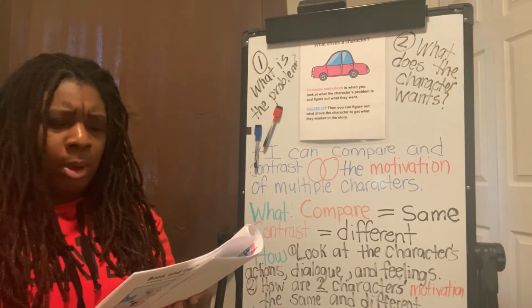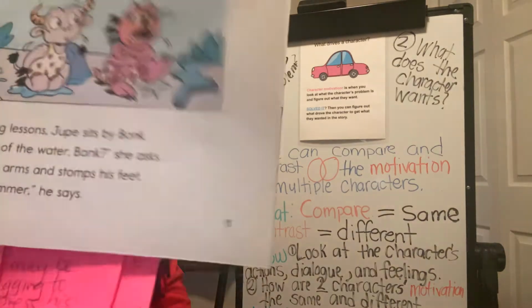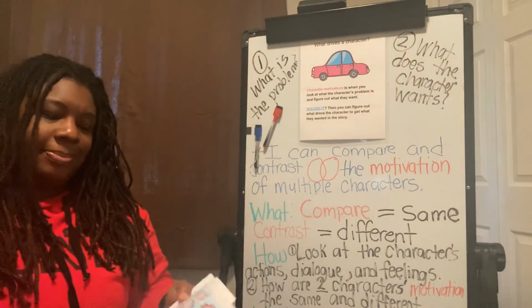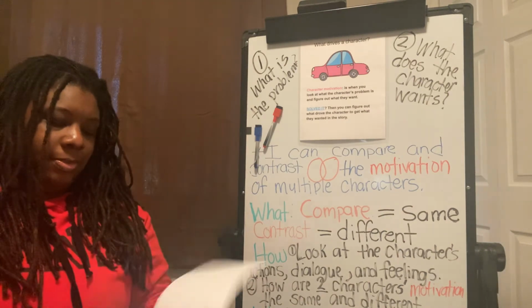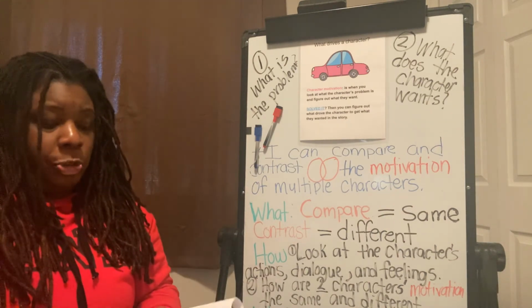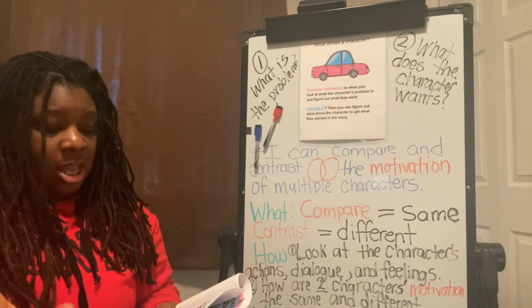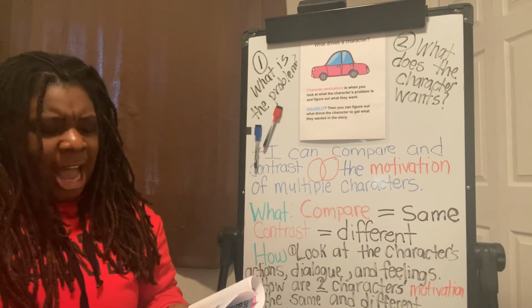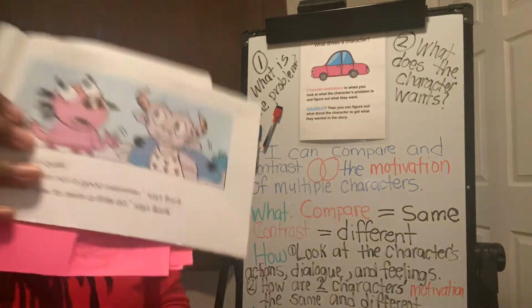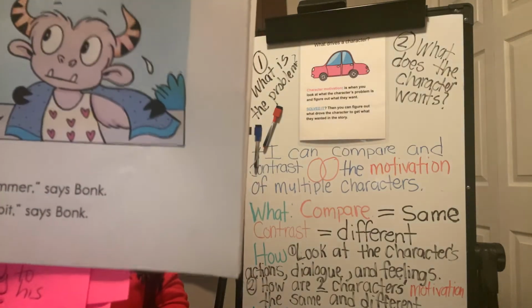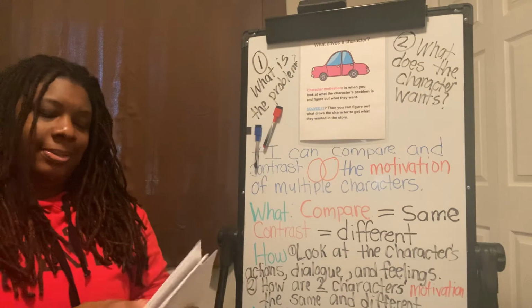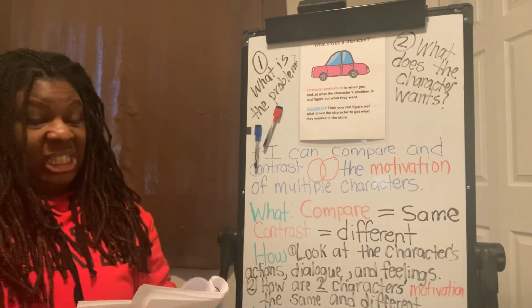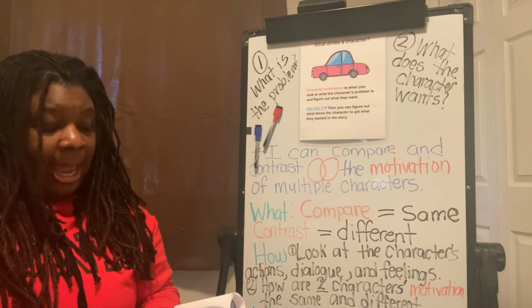I'm a good swimmer, he says. Jupe is quiet. Okay, I am not a good swimmer, says Bonk. I know how to swim a little bit. Jupe is still quiet.